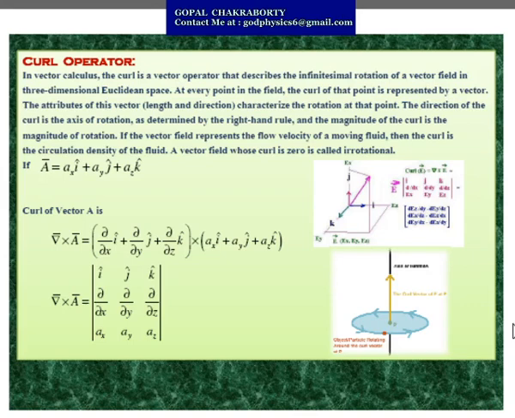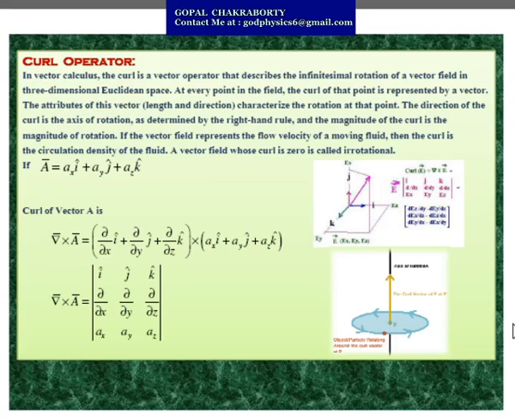The attributes of this vector, length and direction, both characterize the rotation at that point. The direction of the curl is the axis of rotation as determined by the right hand rule, and the magnitude of the curl is the magnitude of rotation.